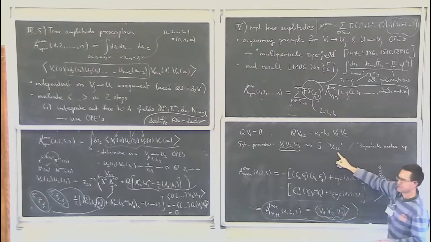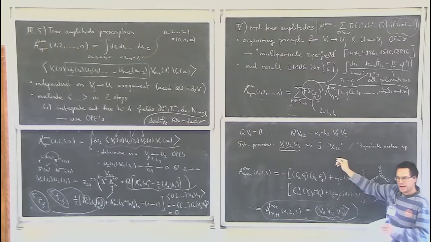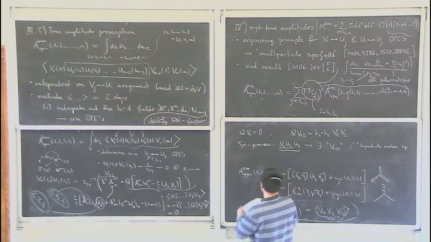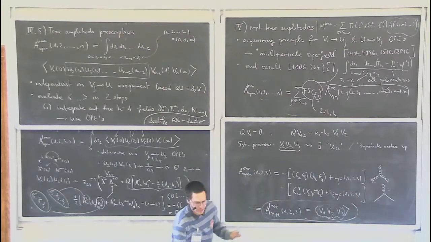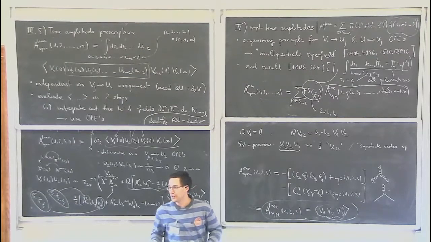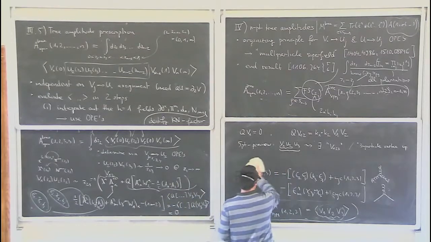And the expression for that V123 itself requires a bit of notation to write it compactly, but what I can do on the spot for you is give you the BRST variation of that new object.